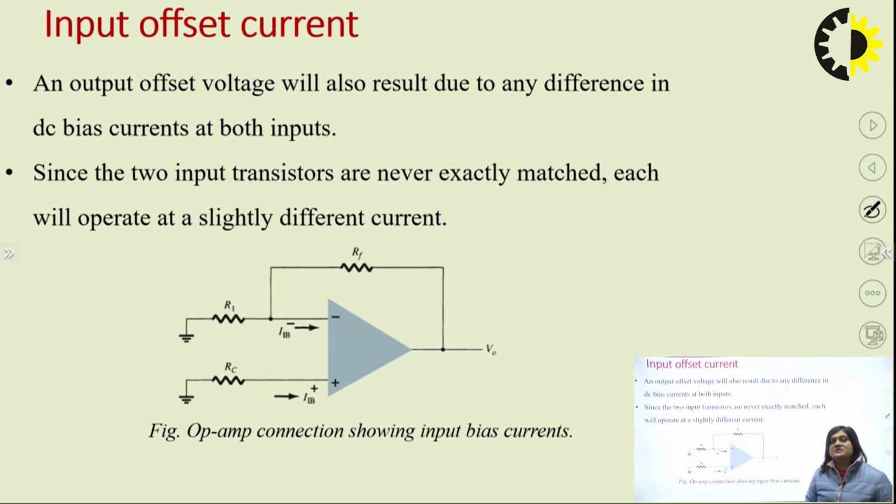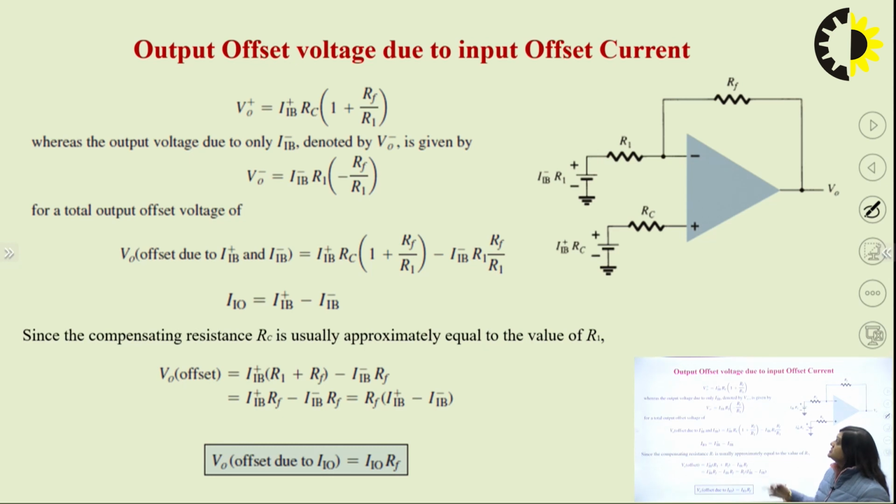Since the two input transistors are never exactly matched, each will operate at a slightly different current. So this is the current that is flowing here. Ideally this current should be the same, but practically, due to the mismatch of the transistors, this current is not the same. That's why, due to this current, there is an output offset voltage at the output terminal. So this is the output offset voltage due to the input offset current.